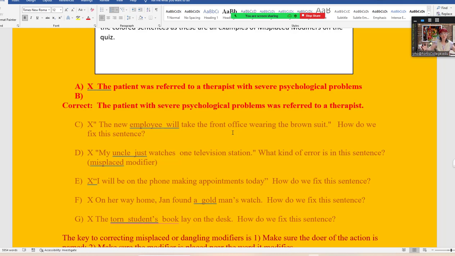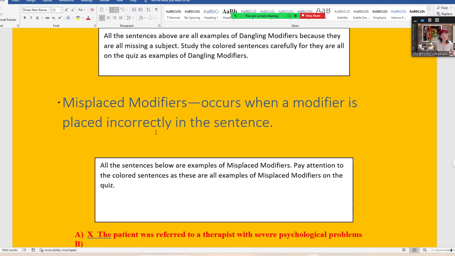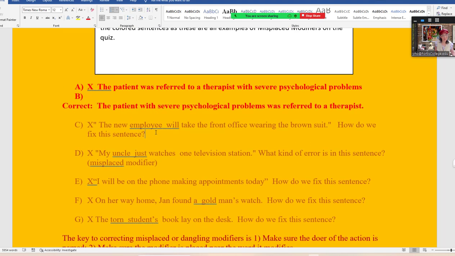Does your office wear a brown suit? No. So you have to move 'wearing the brown suit' and say: the new employee wearing the brown suit will take the front office. So this is not a dangling modifier mistake. This is a misplaced modifier mistake because the modifier is in the wrong place.